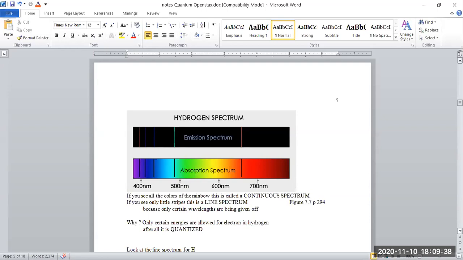This goes back to the quantized idea. If you have packages of energy that are being kicked out of the hydrogen atom, it depends upon how much energy. If we think about the fact that we can't touch our sun for obvious reasons, but also because of distance, how do we know that the sun is made out of hydrogen and helium and a little bit of other stuff?